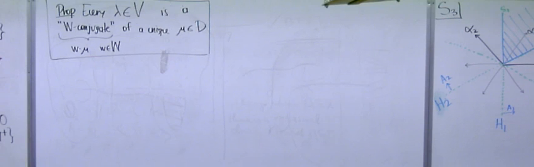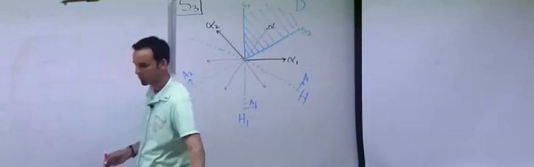Now, for example, what is it for some group element over here? And what is it that I want to do? Well, we kind of did this already. If I take some element here in this vector space, I want to say that this is the image of a unique point in this chamber.